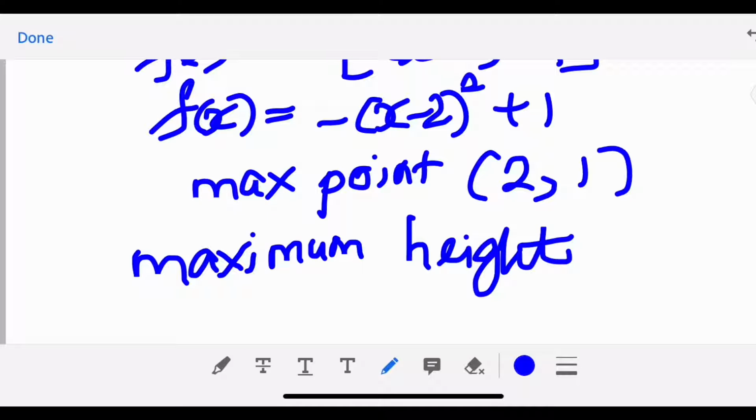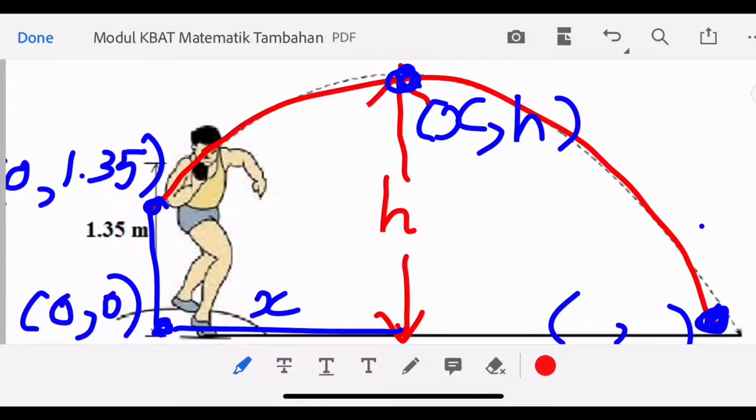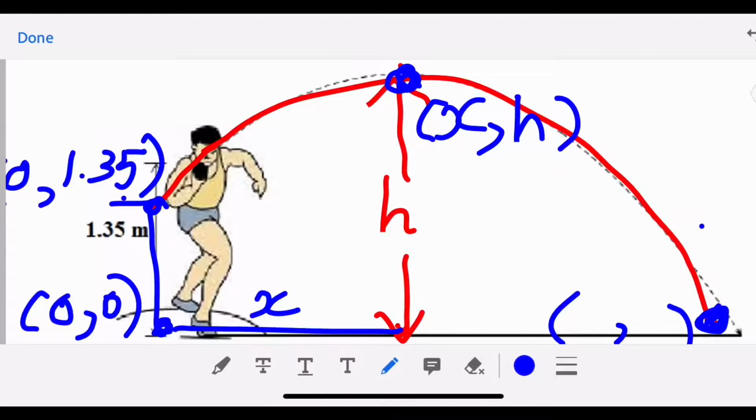The maximum height is not equal to 1 because you have to measure from the ground. So the maximum height should be 1 plus the original distance from where the shot put level is, which is 1.35.